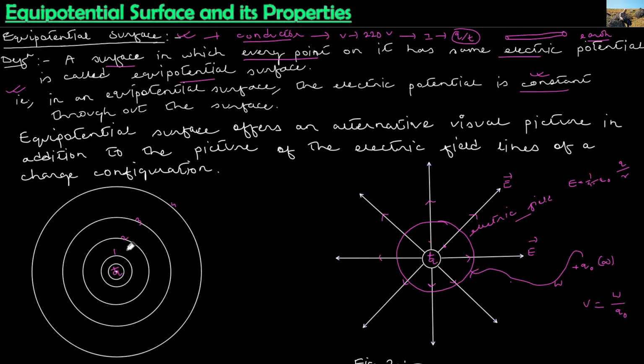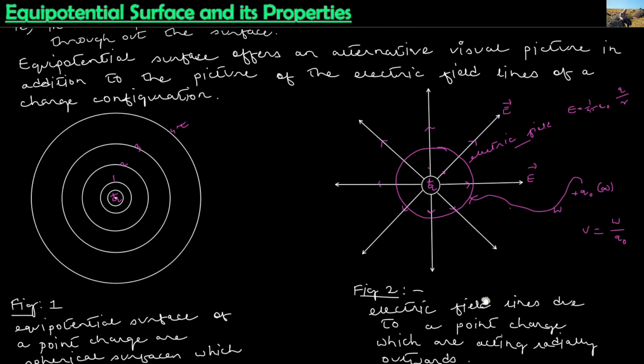Now, spherical surfaces 1 and 2 are very close to each other. When you look at equipotential surface number 4, it is quite farther, which means that they are not equally spaced.